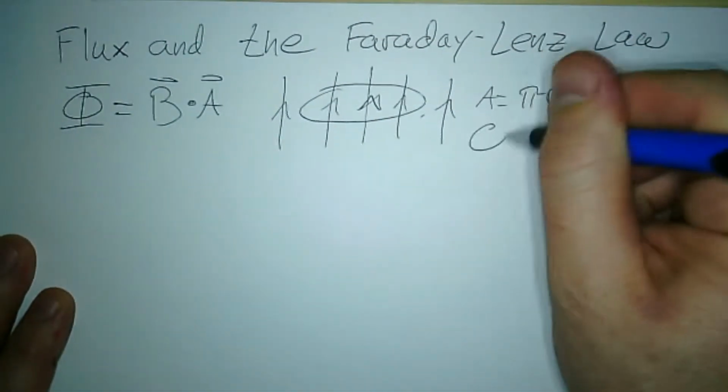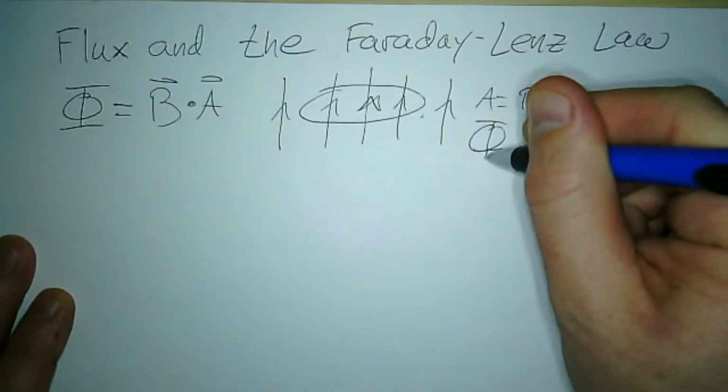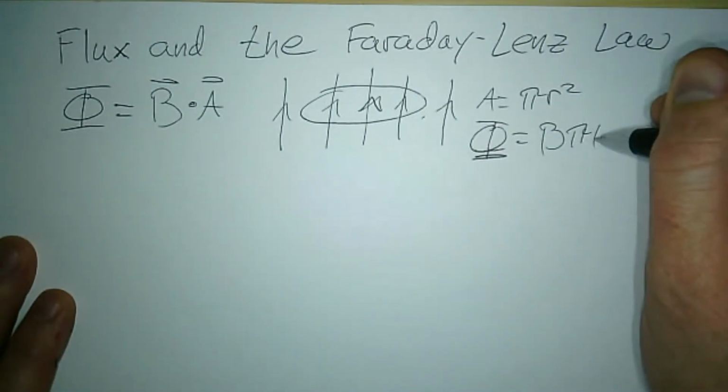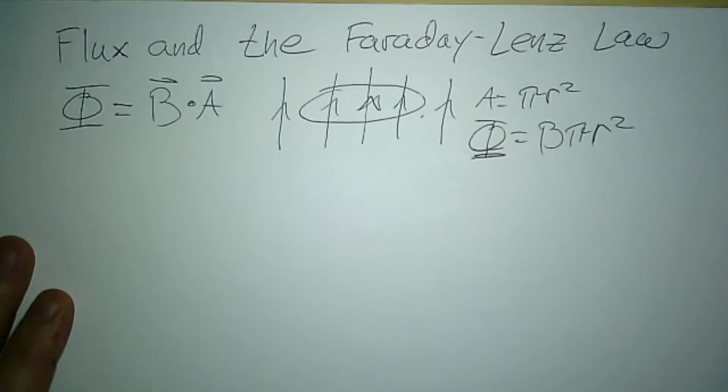So my flux here would be something like B pi r squared in this case.